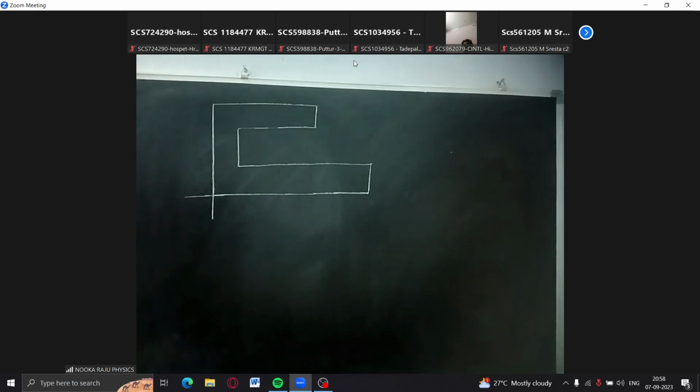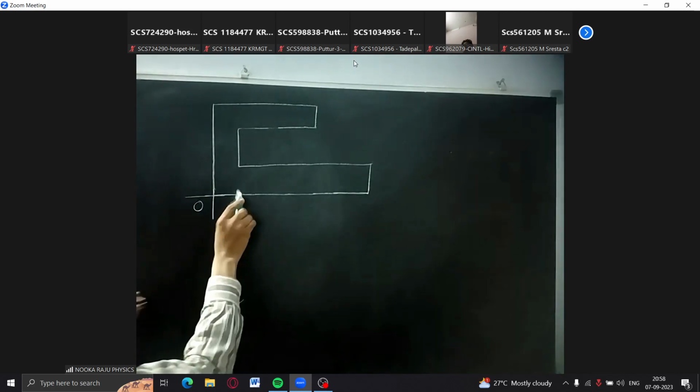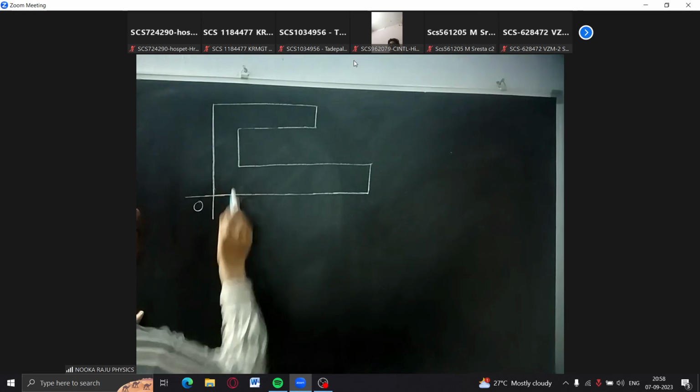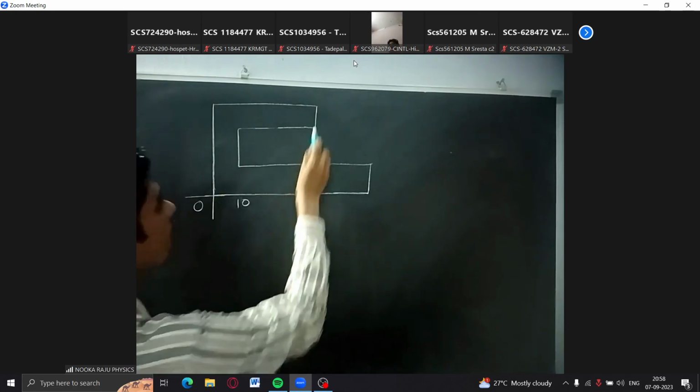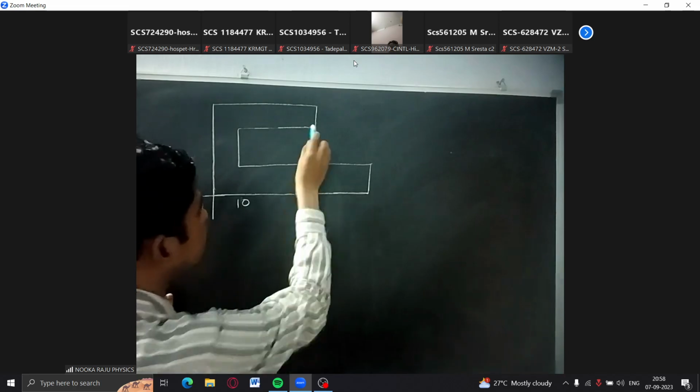Yes, this is the given system. Now I want to consider the values. This is the origin. This is 10, exactly this point 10. This is 20.